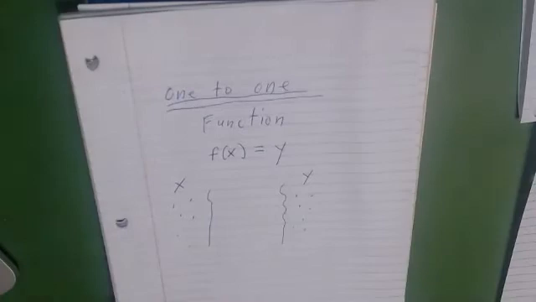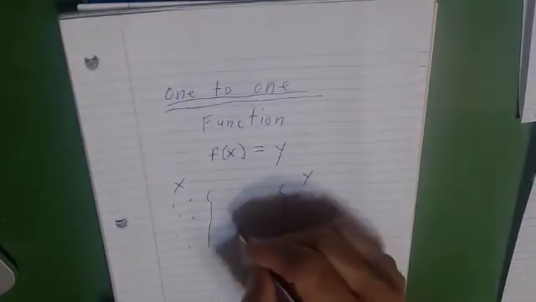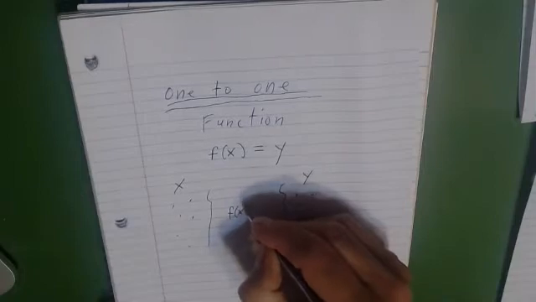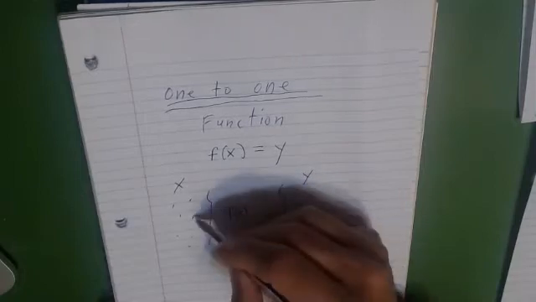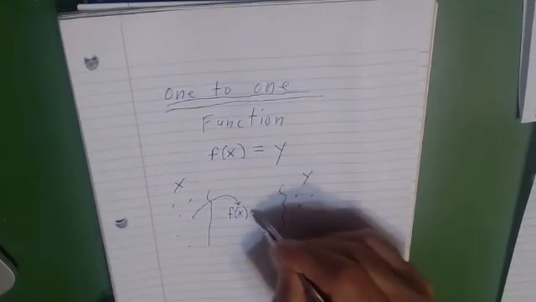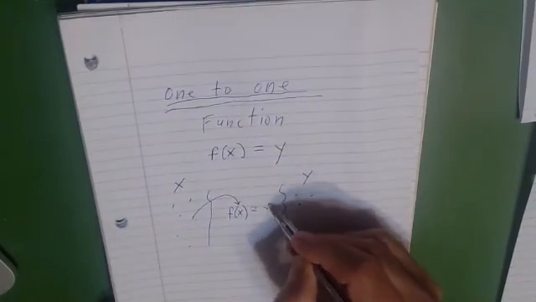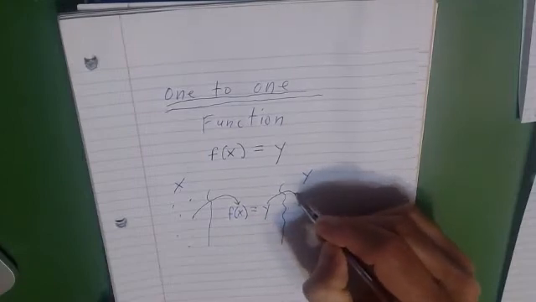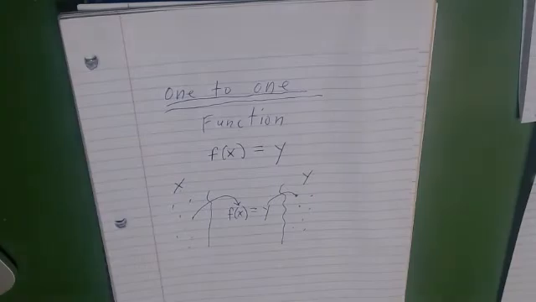So this notion of 1-to-1 has to do with this map. This function, f of x, takes an x value and produces a y value. That's what the function does.